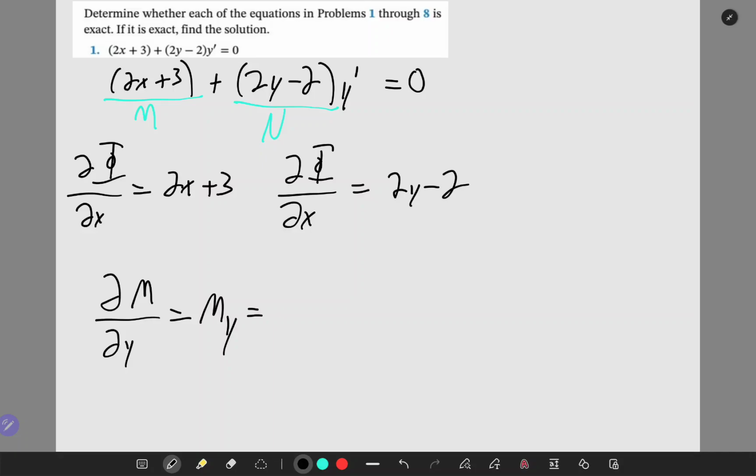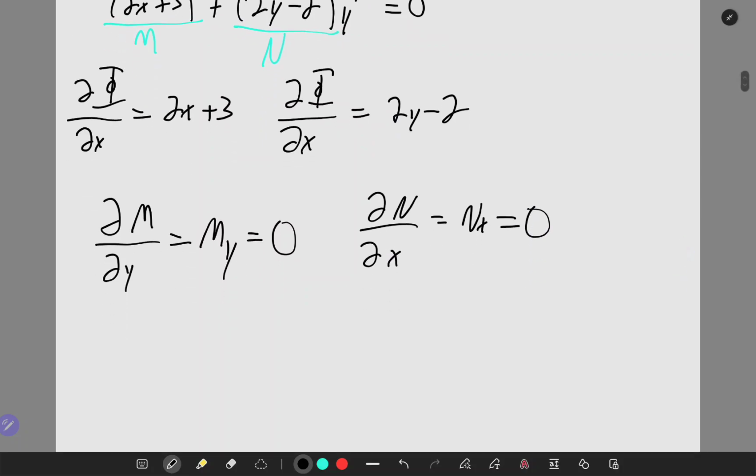That's equal to 0, because there's no y term in M. Same thing for N with respect to x. It's equal to N sub x, which is, once again, 0, because we have no x term in our N. So guess what? M sub y is equal to N sub x, which is equal to 0.